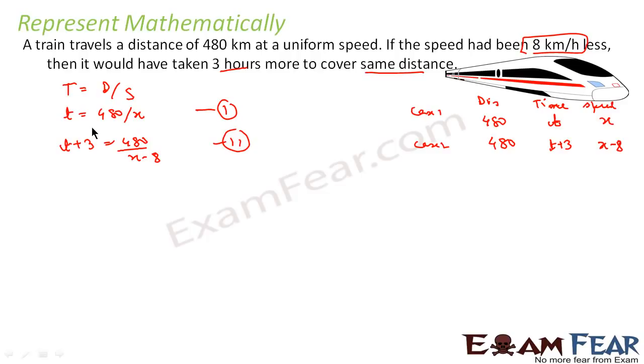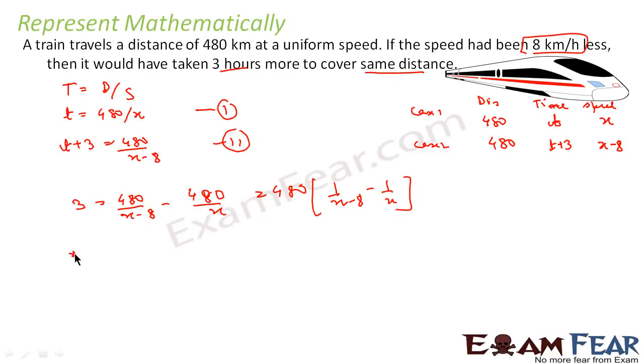If you subtract these two equations, t will get cancelled. So we'll get 3 is equal to 480 by x minus 8 minus 480 by x. If you take 480 common, this becomes 1 by x minus 8 minus 1 by x. Let's solve this.